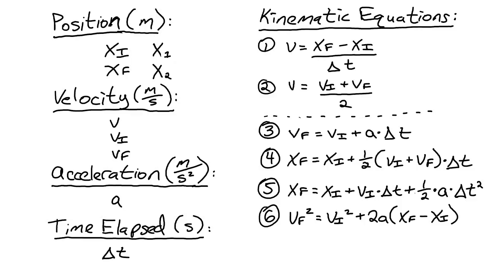Either way, what these represent is an initial position and a final position. However they want to go about describing the subscripts is up to them, and it's completely fine. It really should be a little bit more standardized, but it isn't.